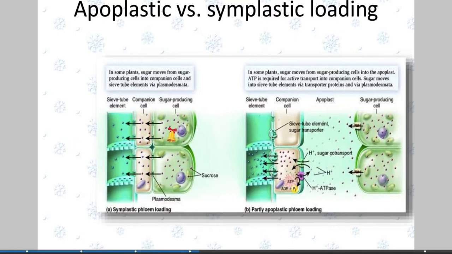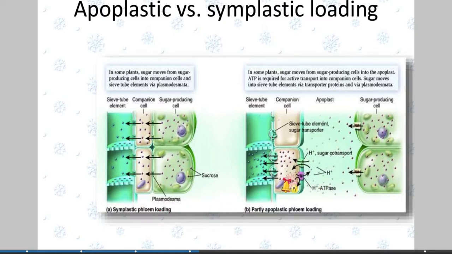Some plants can just take that sugar that is being produced at the source, and they can just diffuse that sugar through the companion cells through plasmodesmata. So notice how the sugar is just loading into the phloem through these plasmodesmata connections, and this is what we call symplastic phloem loading, and some plants can do that.